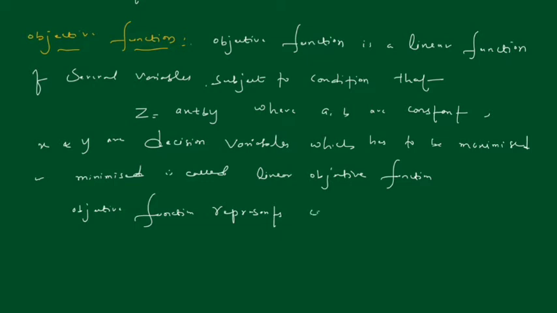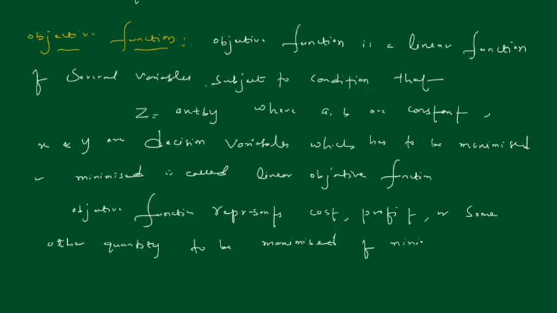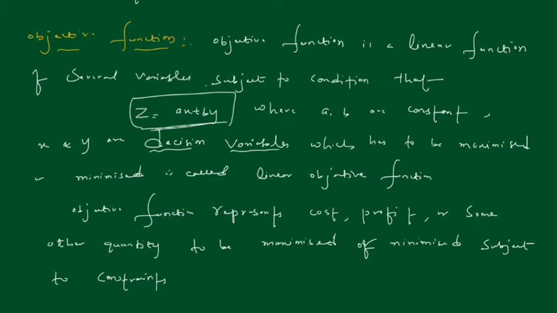It represents cost, profit, or some other quantity to be maximized or minimized subject to constraints. So our objective function is z equals ax plus by, where a and b are constants, and x and y are decision variables which have to be maximized or minimized, called a linear objective function.